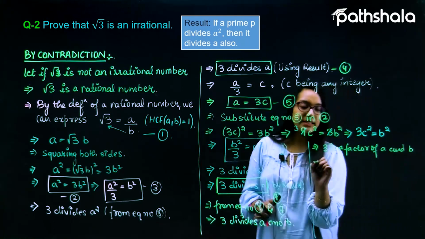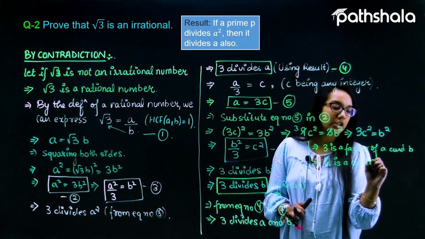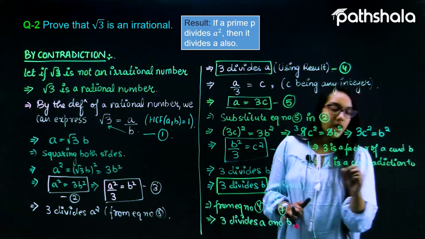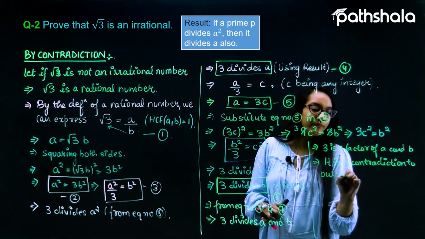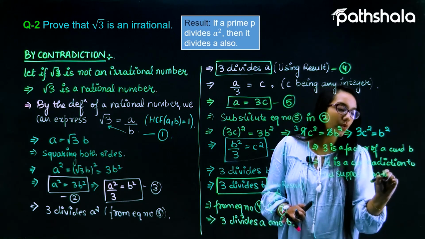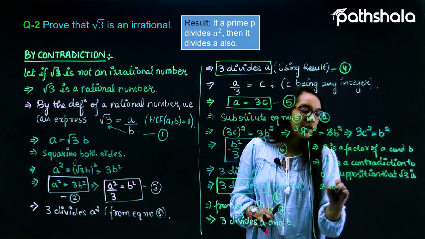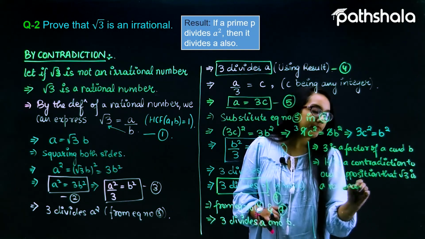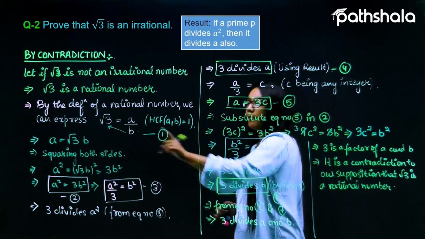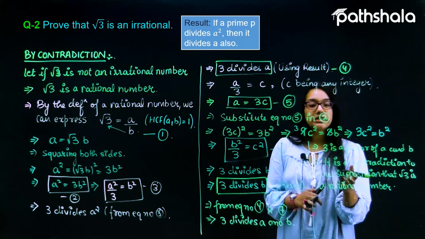It is a contradiction to our supposition that square root 3 is a rational number, because we know that the only common factor of a and b was 1, but here we are getting the factor of a and b as 3.